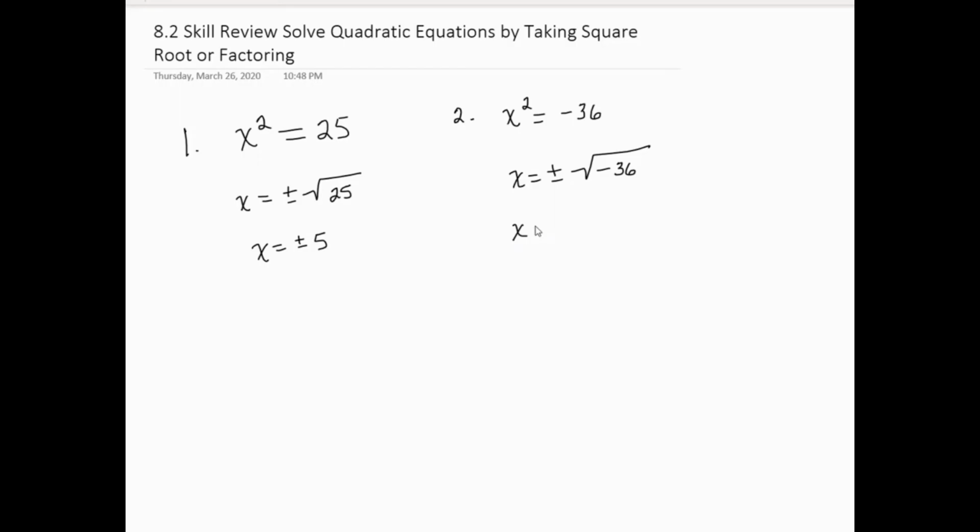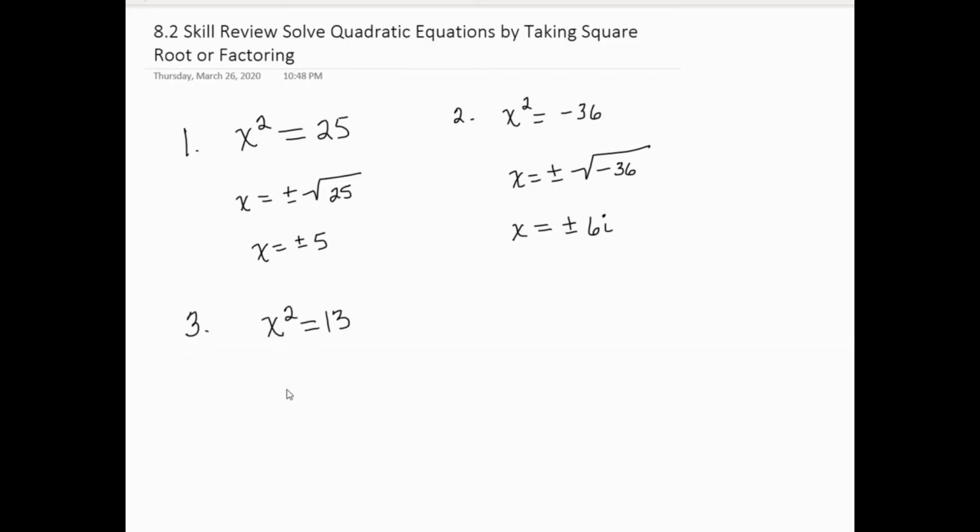So you get x equals plus or minus 6i. You have two non-real answers. The plus or minus tells you have two answers, and because this is imaginary, it's a square root of a negative, those are non-real answers.